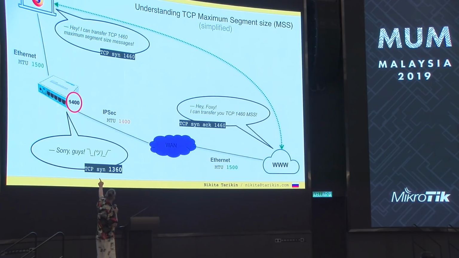But between them there is a small IPsec tunnel that doesn't allow you to go higher than 1,400. These guys both don't know. This is why fragmentation always happens, because both of them don't know.